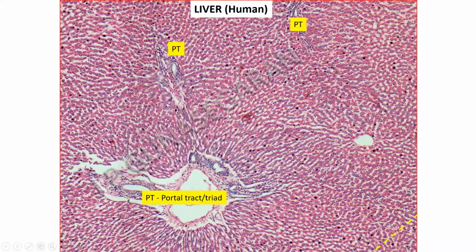The hexagonal shape of the classic liver lobule can be visualized by drawing imaginary lines connecting the portal tract or triad that are present at the periphery of the lobule with the central vein in the center.